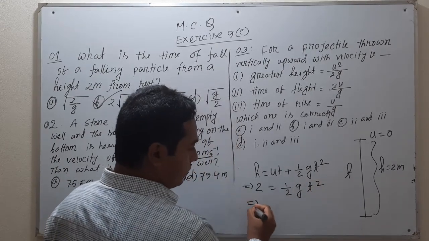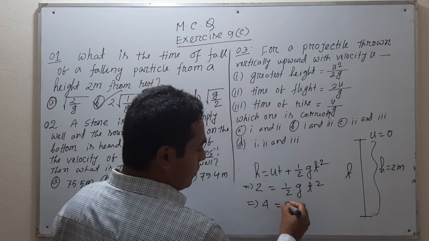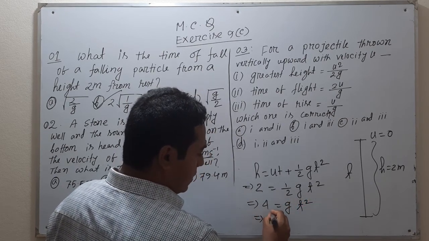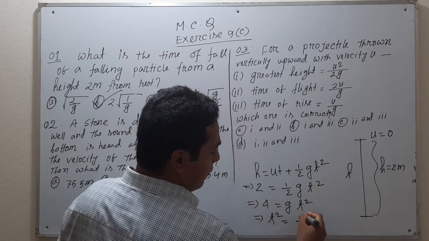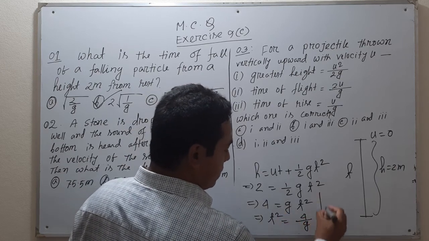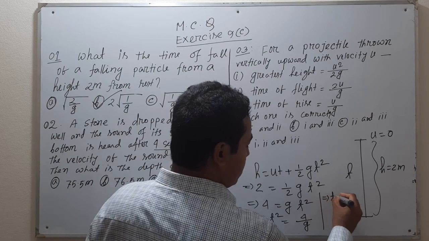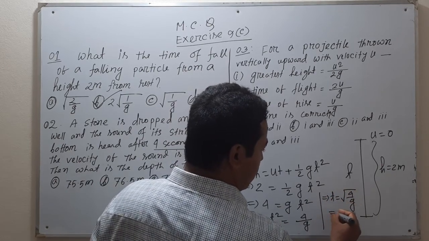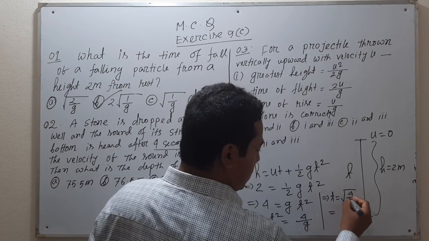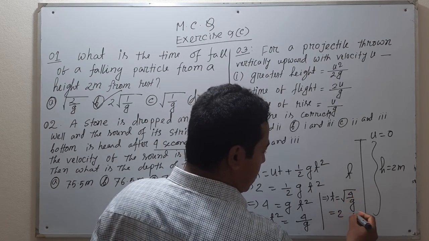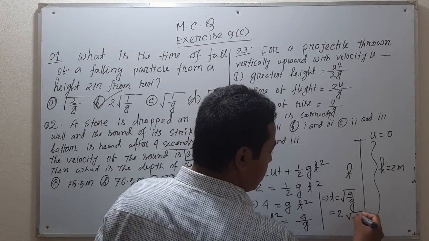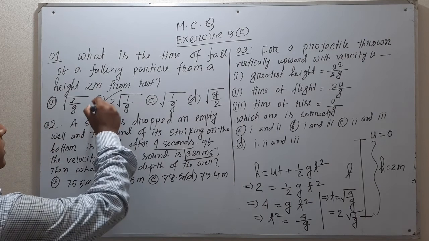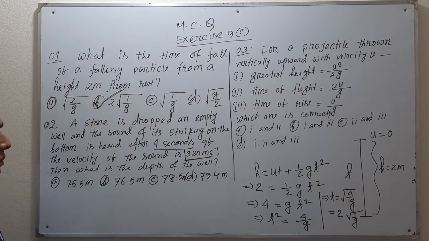So 4 is equal to g t square and t square is equal to 4 divided by g. So t is equal to root over 4 divided by g. We can write root over 4 is equal to 2 and another part is 1 by g. So 2 into root over 1 divided by g. Our answer is B.